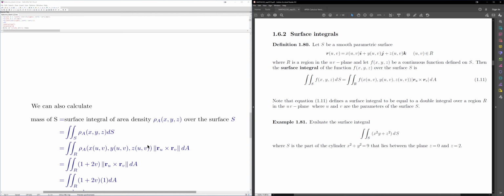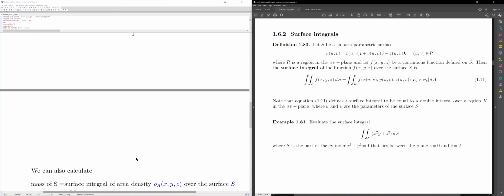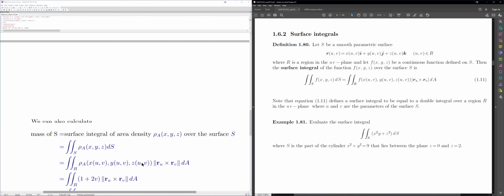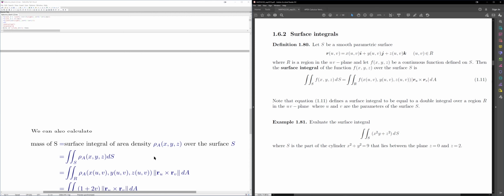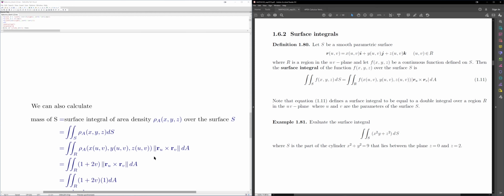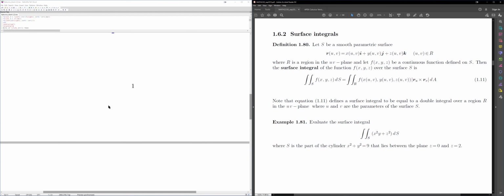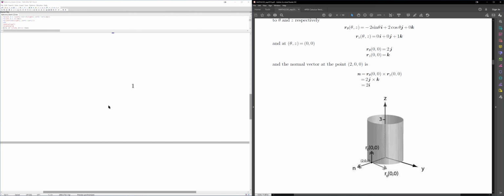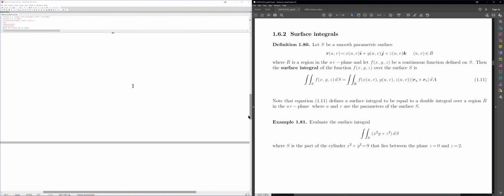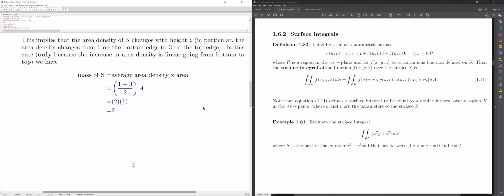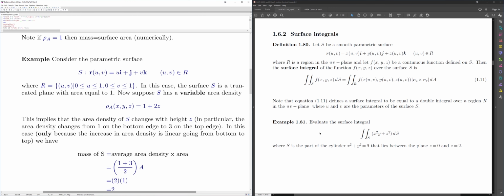Notice I need to work out r_u and r_v, take the cross product, and so on. The parametric surface that I have is this one here.